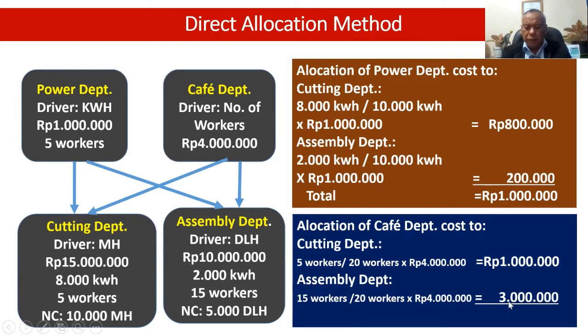So you find 3 million. So the total must be the same, 4 million. So the cafe department costs 4 million, and then we allocate to cutting department 1 million, and to assembly department 3 million.